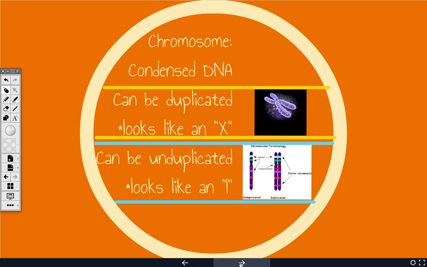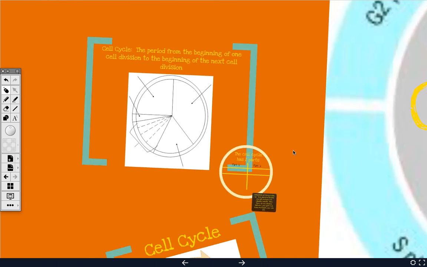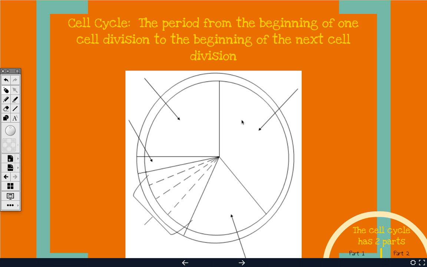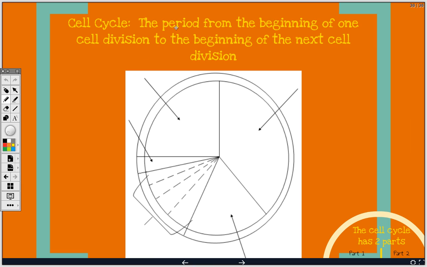As we look to the next part of our notes, in this next lesson part, we're talking about the cell cycle. The cell cycle is the period from the beginning of one cell division to the beginning of the next cell division. We have cells all over our body. We looked at the cells inside of our cheeks just the other day, and they look like that.